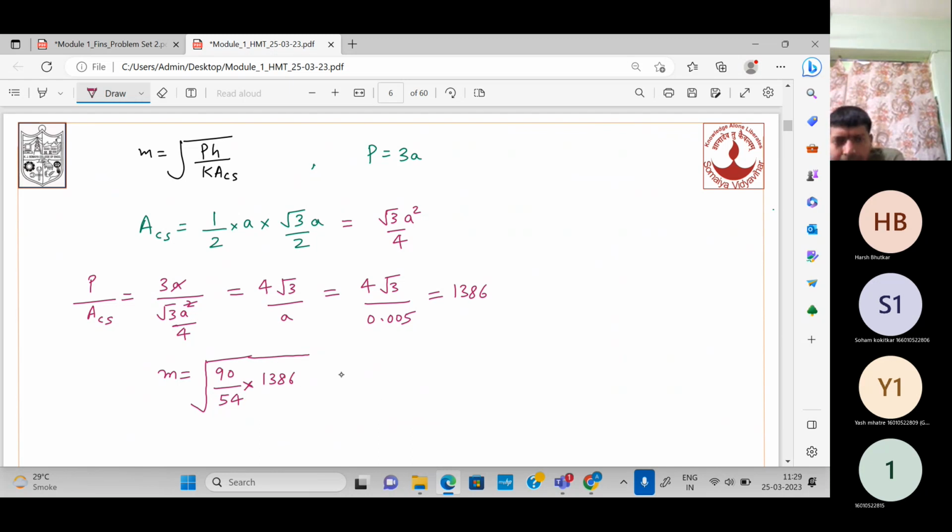Just calculate this. So the calculated value of m is 48.06.